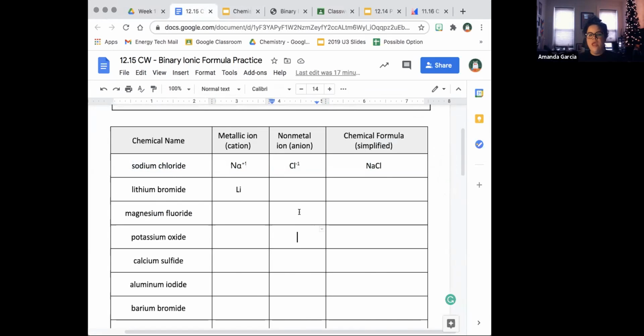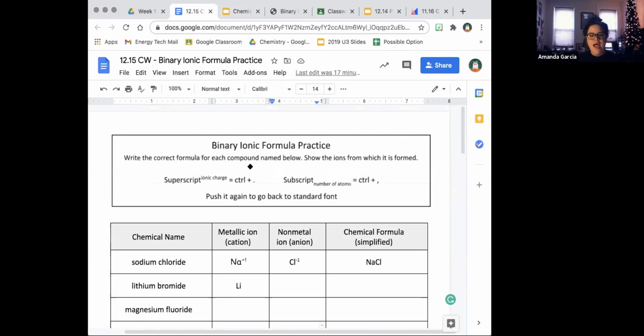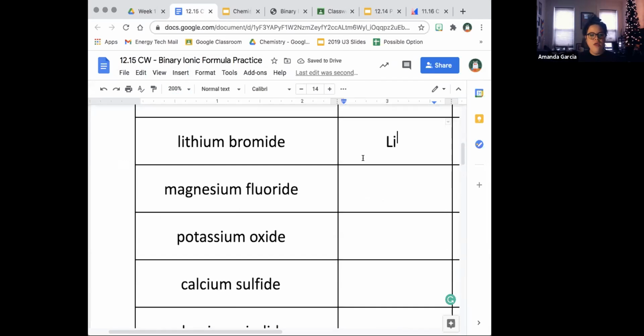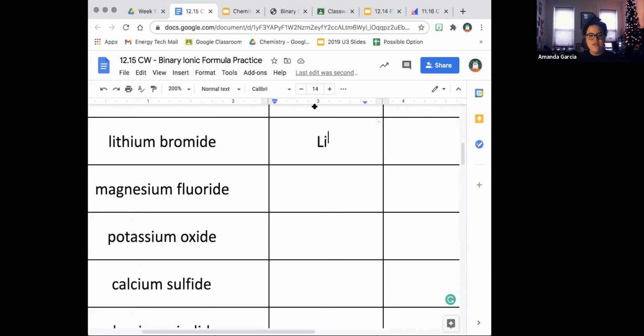Now, this is where typing as chemists gets annoying. If you were writing this on paper, it'd be very easy to do superscripts and subscripts. I have told you the little shortcuts up here at the top: if you want to go to the superscript position, or the exponent position, on a PC or a Chromebook, you hit Control period, and it will take your text box up. Or if you are on a Mac, it is Command.